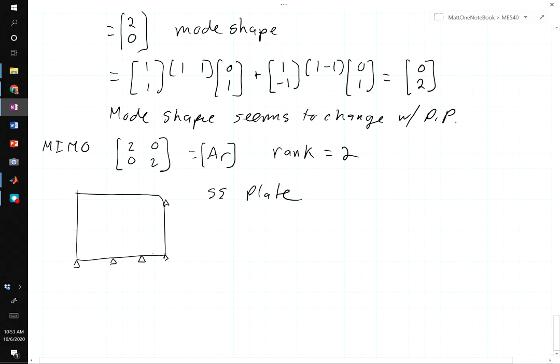And the plate is almost square, so that we have many modes with equal natural frequencies. So we'll see pairs of modes like that. And so let's flip over to MATLAB and we can look at this.